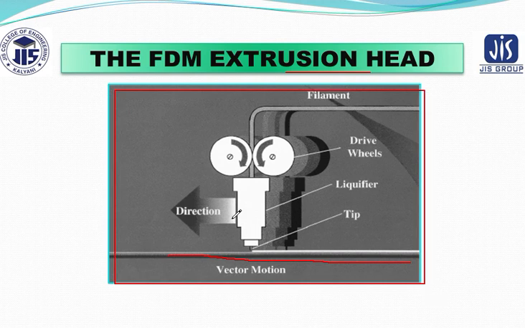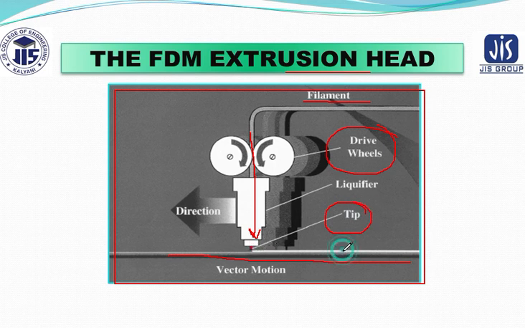And what you are seeing is there are drive wheels. These drive wheels help the filament to be extruded through this liquefier. Here the liquefier is occurring, and here you can see the tip. This is the tip through which the material deposition is occurring.